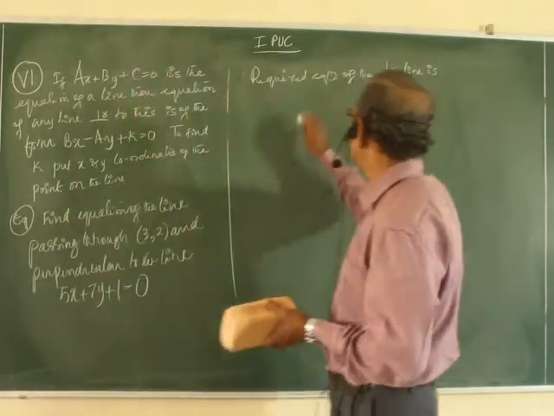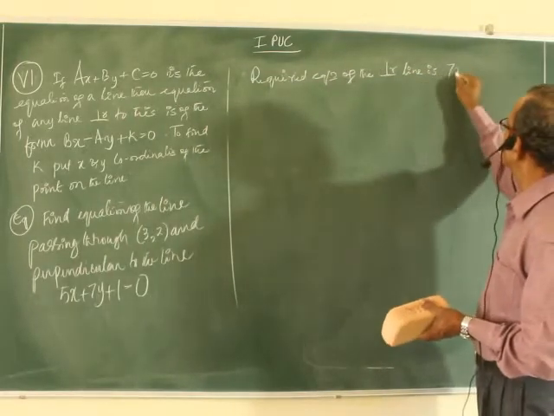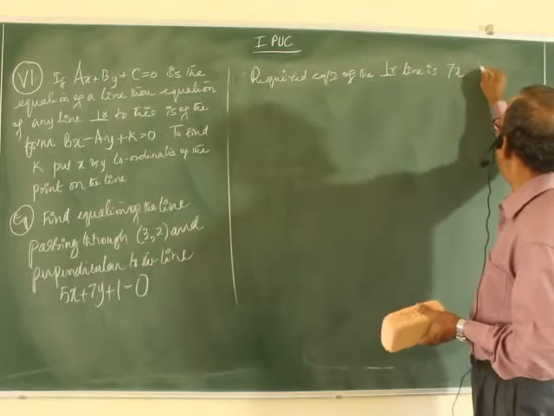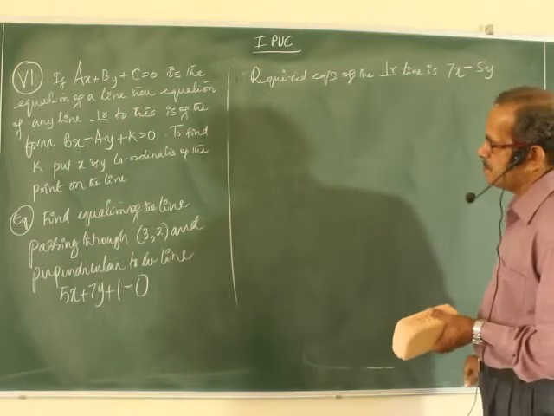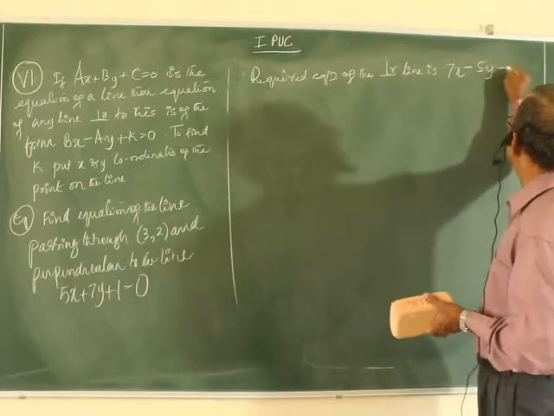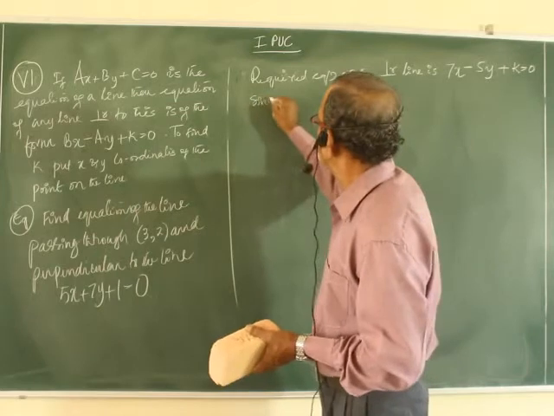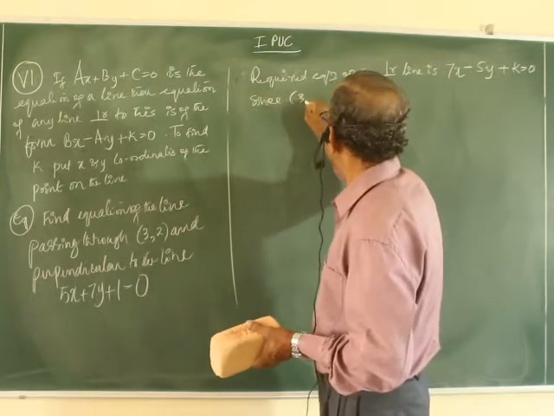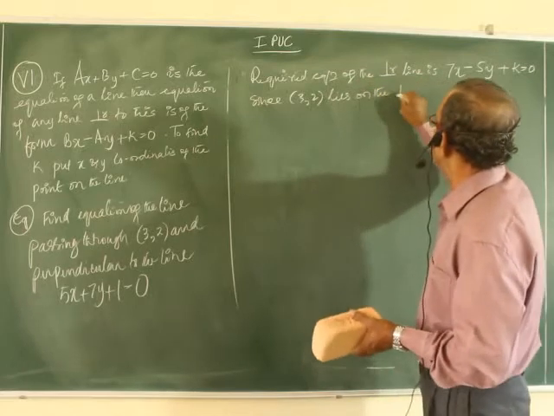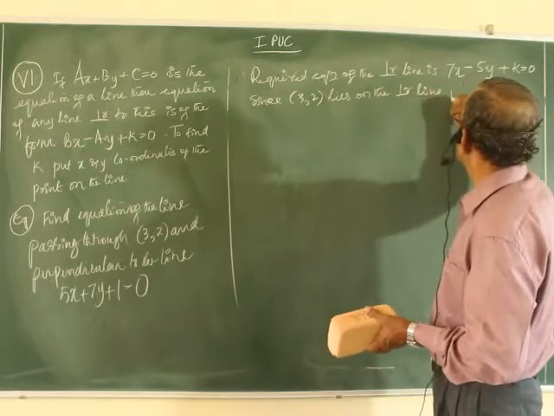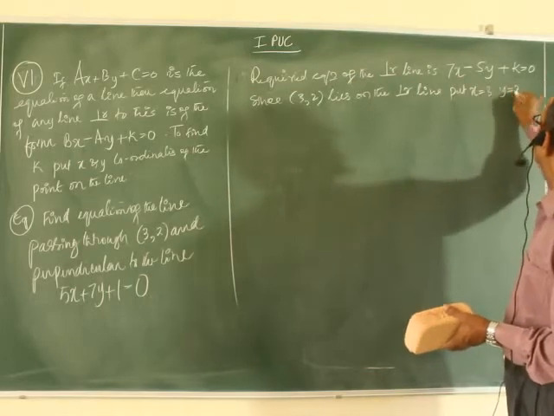Straight away write, required equation of the line is 7x, that is important, 5y, change of sign, minus. This is not known. Since 3, 2 lies on the perpendicular line, put x equal to 3, y equal to 2.